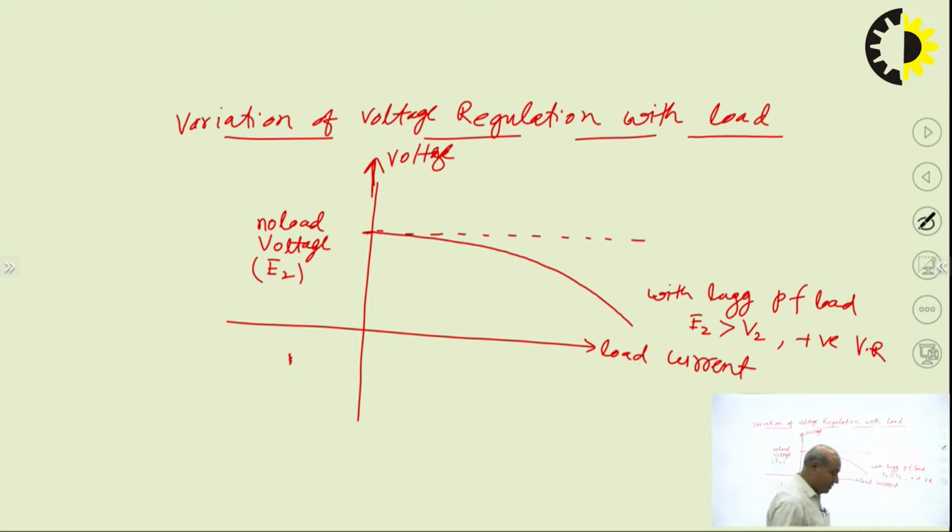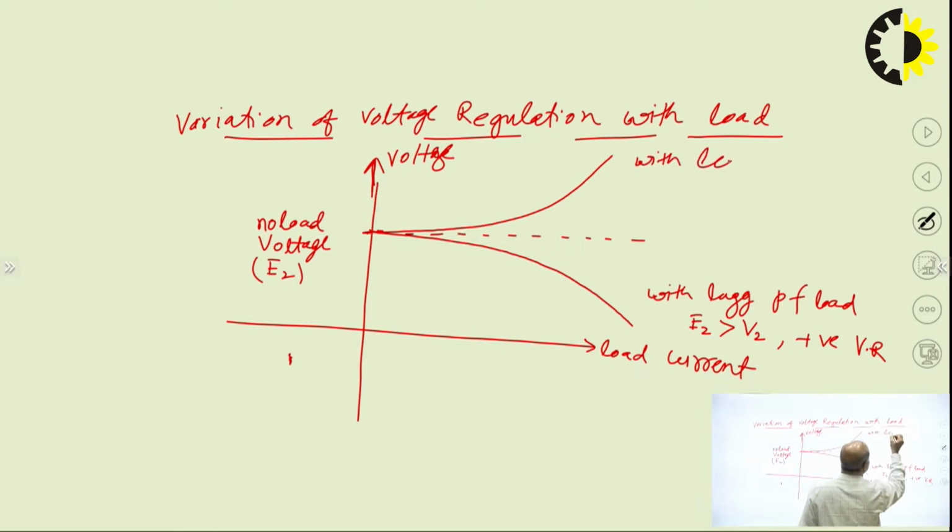And the same thing, suppose we now consider a leading power factor load. When we go on increasing the load and hence the load current, the variation in secondary terminal voltage will be like this, and this is for a leading power factor load.